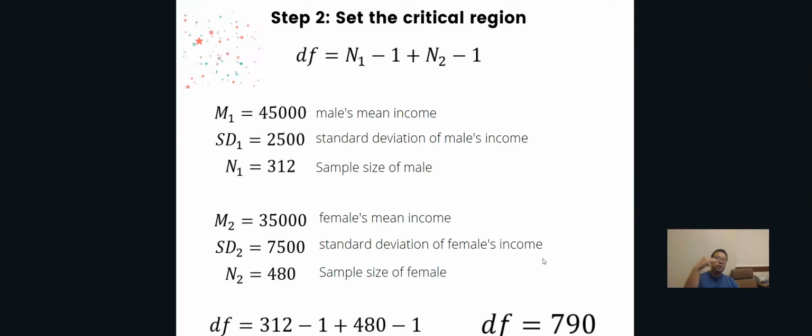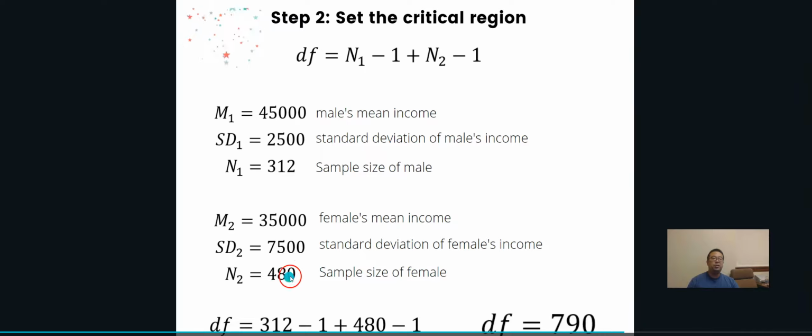So you need to make sure that there are two sets of statistics there: the standard deviation of the first group, male, and of the second group, female. And 480 is the sample size of females.